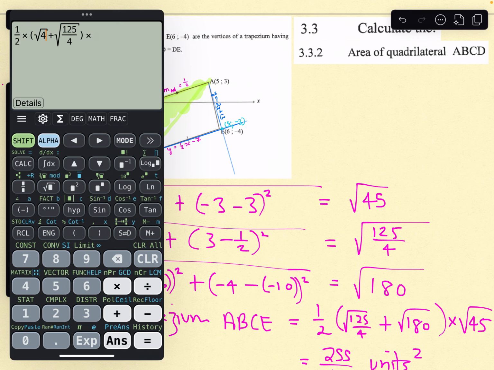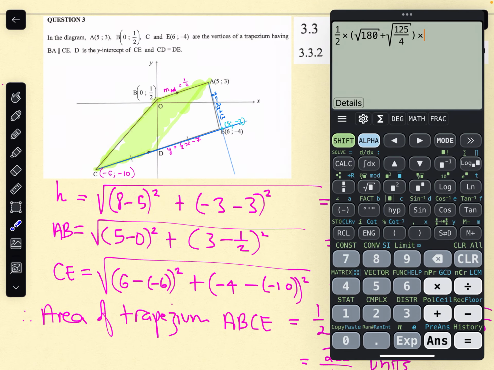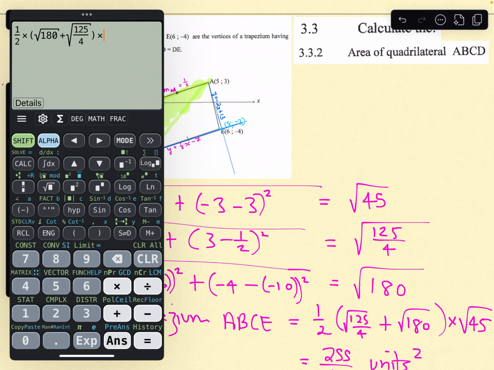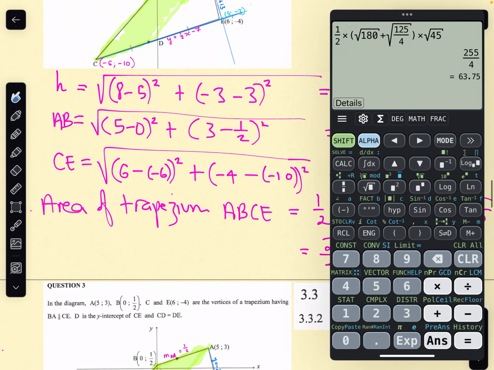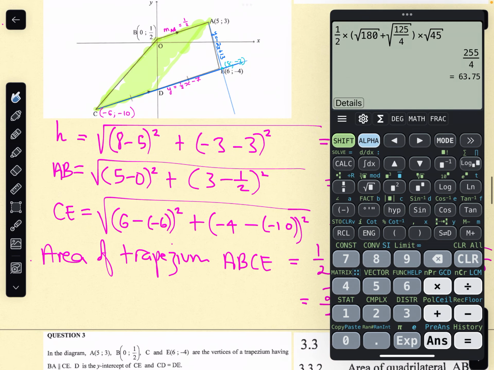Oh, I might have added the wrong things. It's not, it's root 180, right? And the 125 over 4, those are the two parallel sides, yes. And then we're timesing by, oh no, I added the right things. This is where it helps to have your workings written down. Okay, so 255 over 4 is indeed correct.